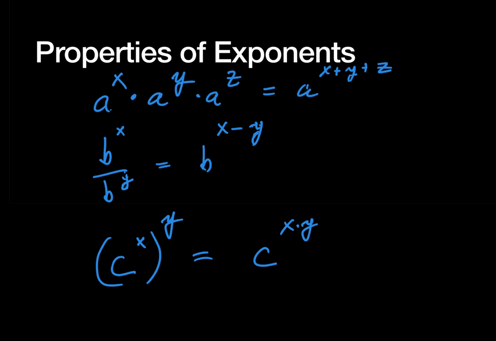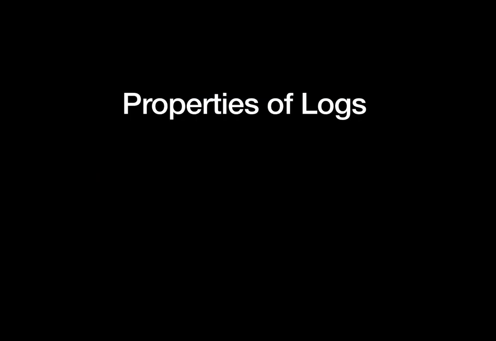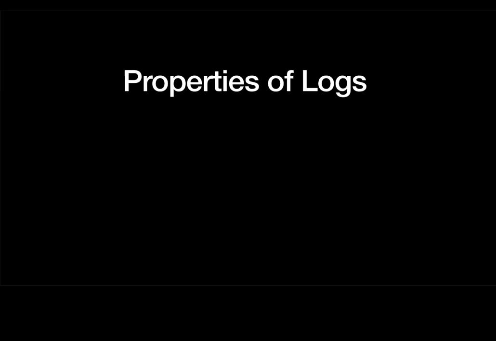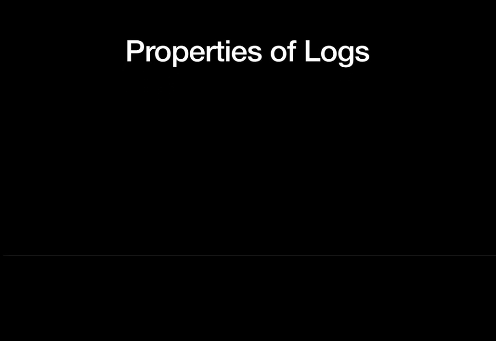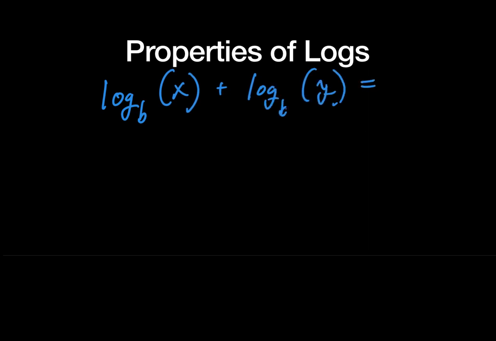We're doing this because logarithms and exponents are just the same thing written a different way, which means we are going to have properties of logarithms. If I have log base b of x plus log base b of y, that will be equal to log base b of x times y.